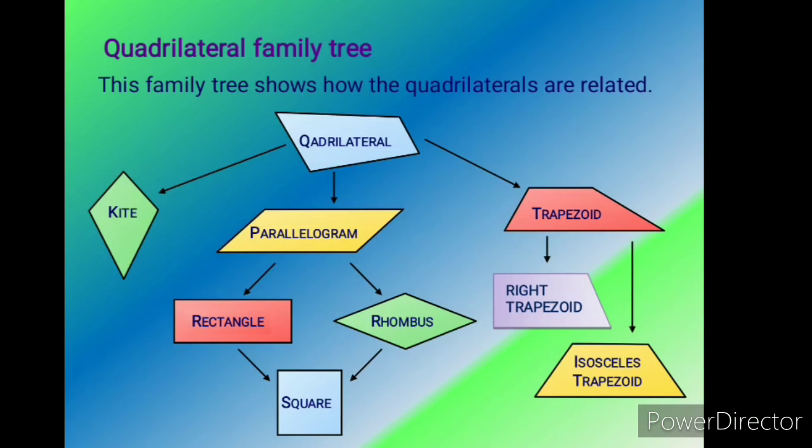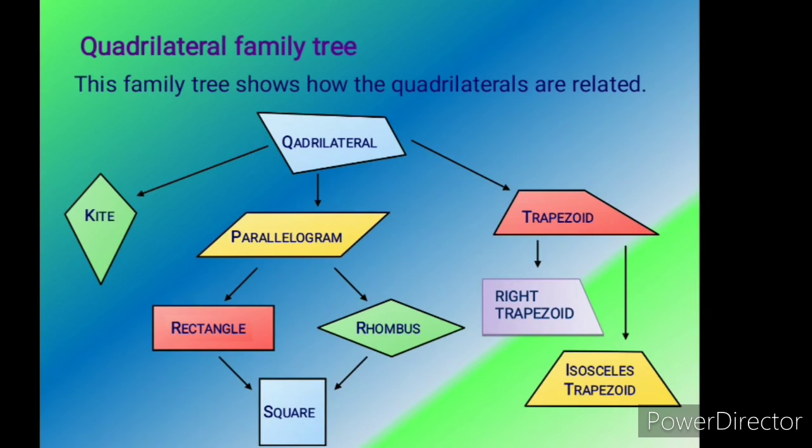Look at the family tree. The quadrilateral's main parts are kite, parallelogram and trapezoid. In the parallelogram family, there are three quadrilaterals: rectangle, square and rhombus. Right trapezoid and isosceles trapezoid belong to the trapezoid family.